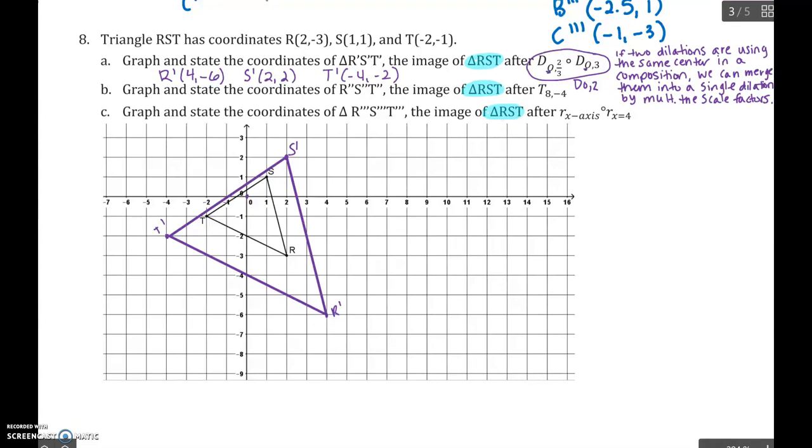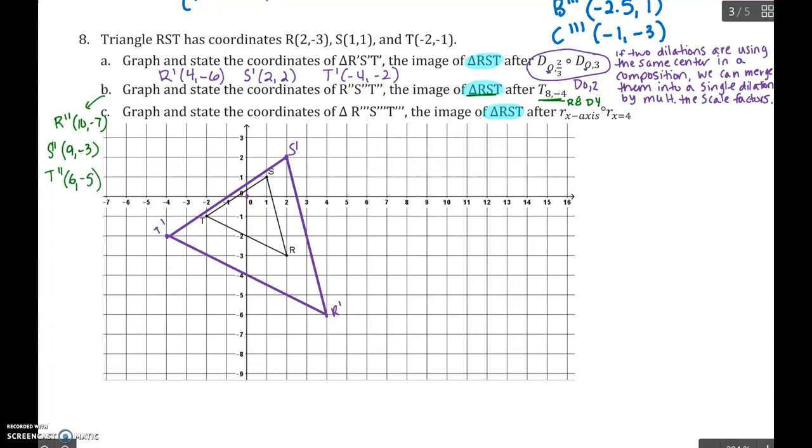Okay, now for part B, what we are doing is a translation of (8, -4), and again doing that from the original triangle. So remember, if it's (8, -4), you're going right 8 first and then down 4, or you can add 8 and subtract 4 for the points. So for part B, if you were just adding 8 and then subtracting 4, you would get (10, -7) for R. For S, adding 8 and subtracting 4, and for T, adding 8 and subtracting 4.